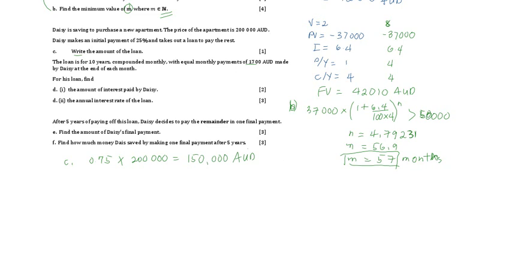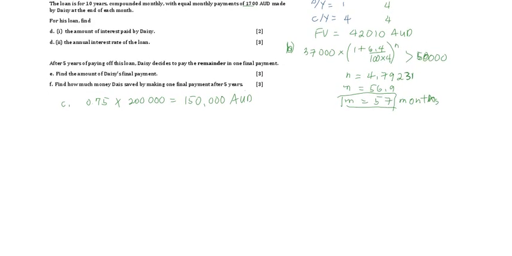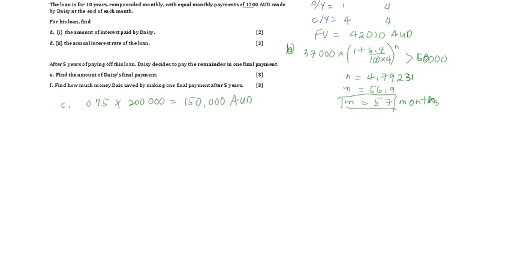So let's just use the TVM here. Let me move this so we can have space. Okay, I need the data. So for letter D, find the amount of interest paid by Daisy.